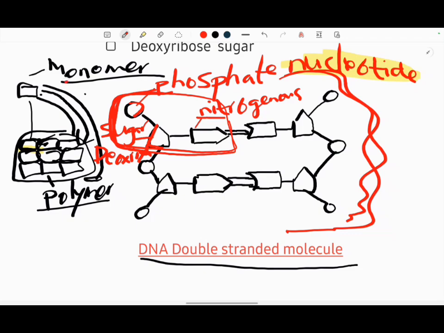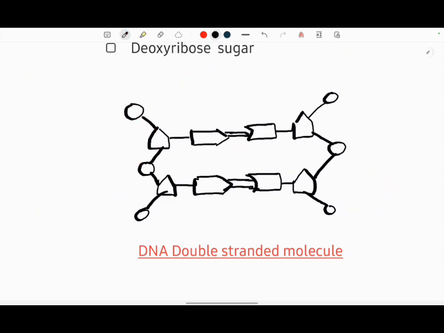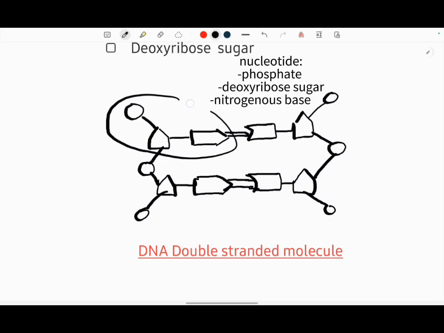So the monomer, like this block, makes up this whole blocks. Do you guys understand what I'm trying to say here? However, in DNA, these three structures are called phosphate, deoxyribose sugar, and a nitrogenous base, and all of that together is called a nucleotide. Let's start that. So we know that this is called a nucleotide, and it consists of a phosphate, deoxyribose sugar, and a nitrogenous base.